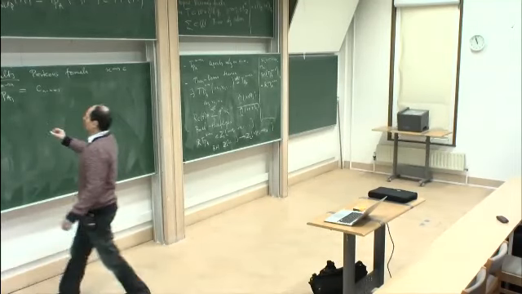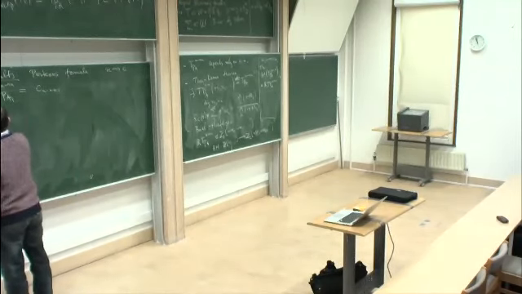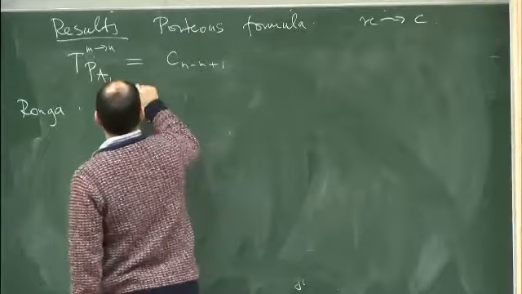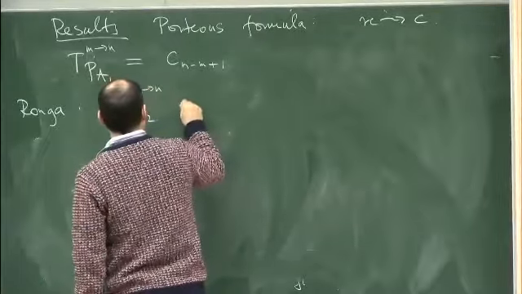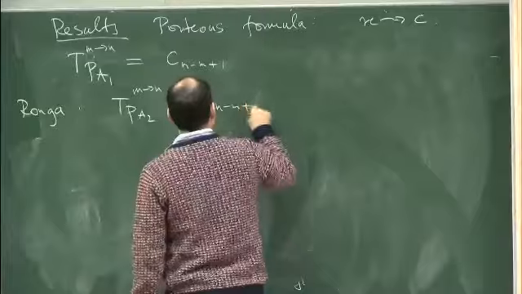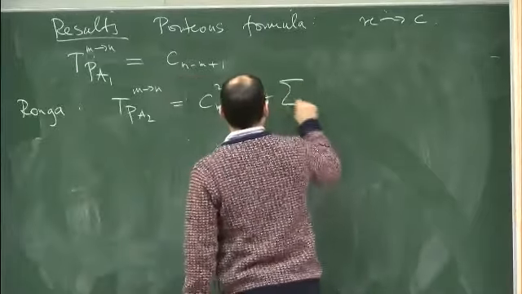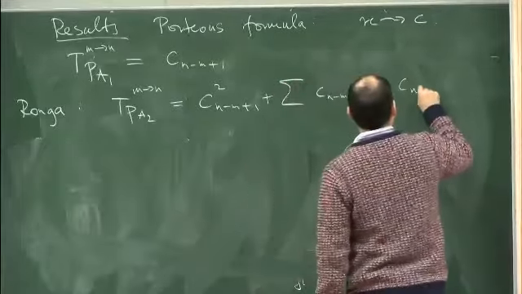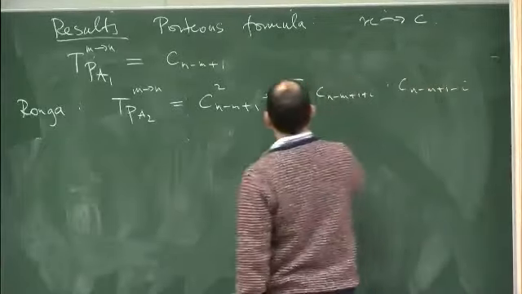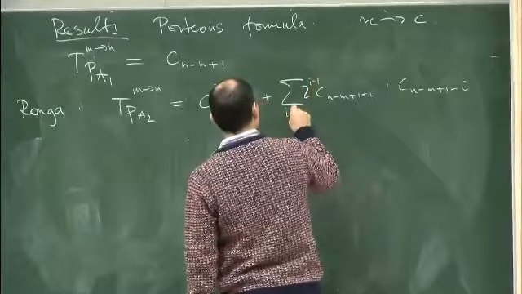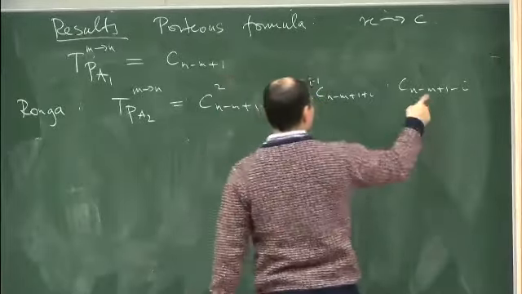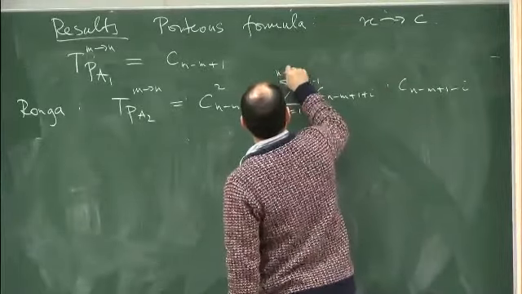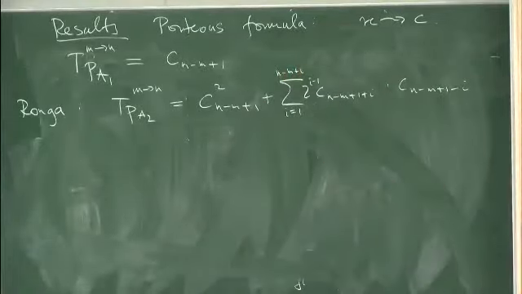Okay, this is the Ronga formula, that's for the Thom polynomial of A2. It looks like this: c_(n-m+1) squared plus the sum of c_(n-m+1+i) times c_(n-m+1-i), and there's a 2^(i-1) here, and this i goes from 1 to somewhere, infinity. But if it's negative, it doesn't make sense. I don't remember now. So that was Ronga's formula.